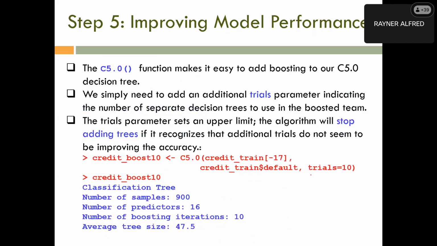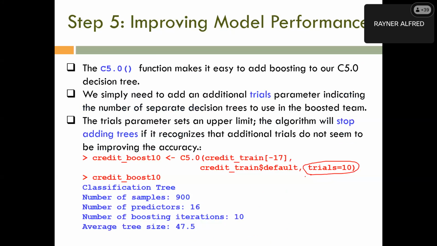We just add this trial here. The trial here refers to constructing 10 trees. So this is considered a random forest. Instead of using one tree, we can use 10 different models by having 10 trees.